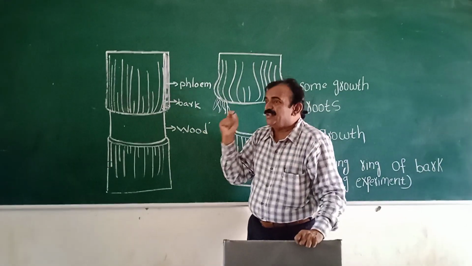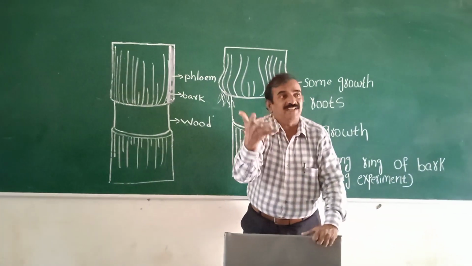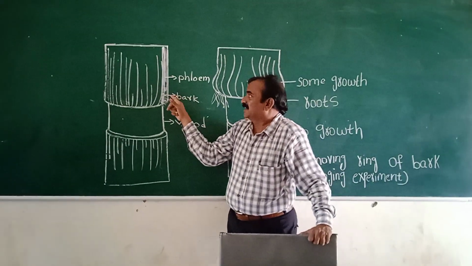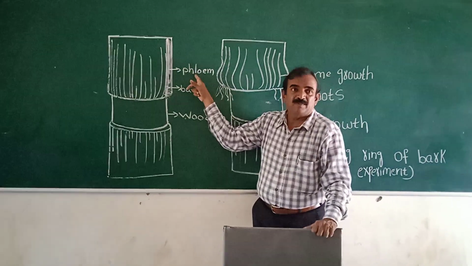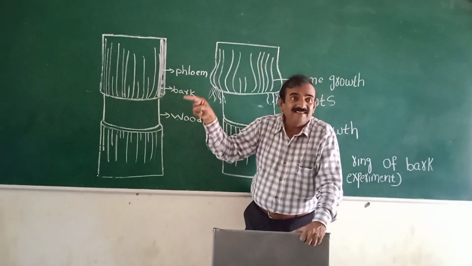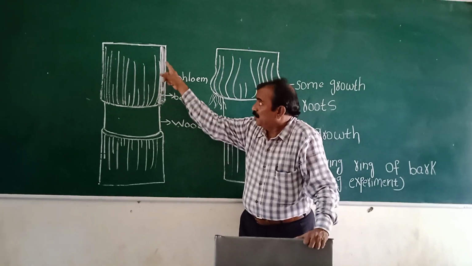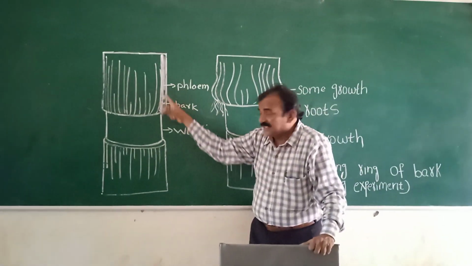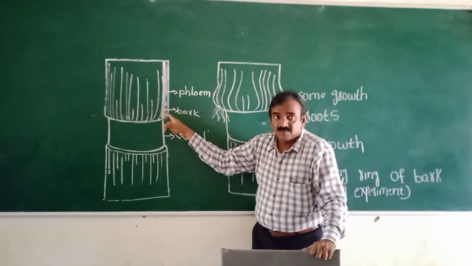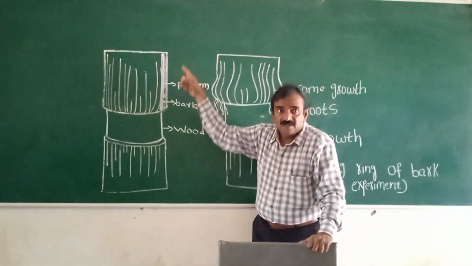Here we are doing an activity showing how food is transported from the upper part to the lower part. Below the bark, phloem tissue is present, and it transports food prepared in leaves to the other parts of the plant body.